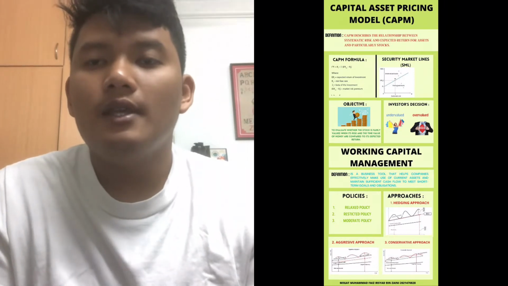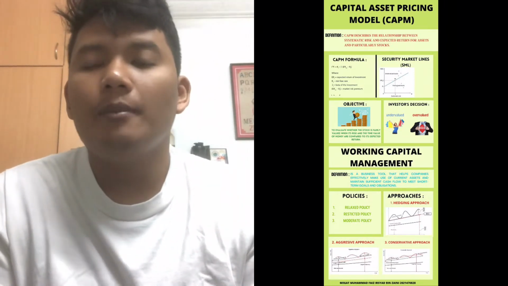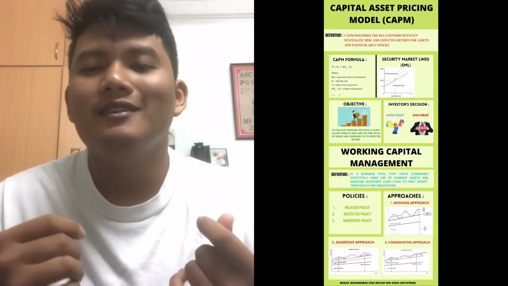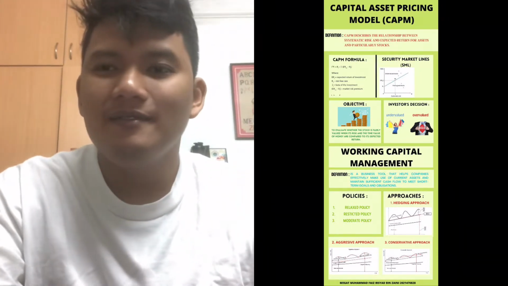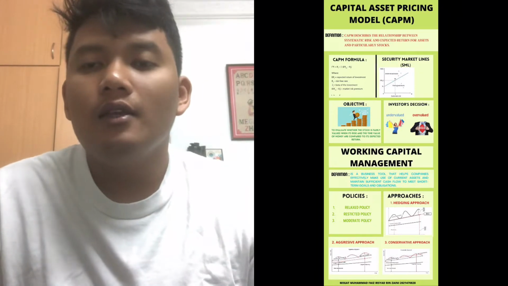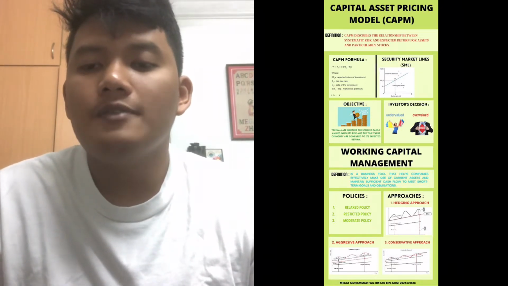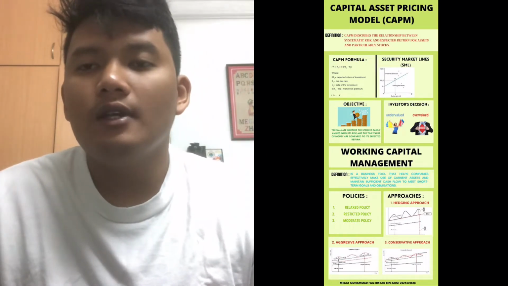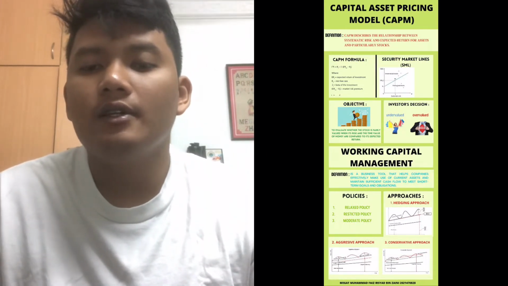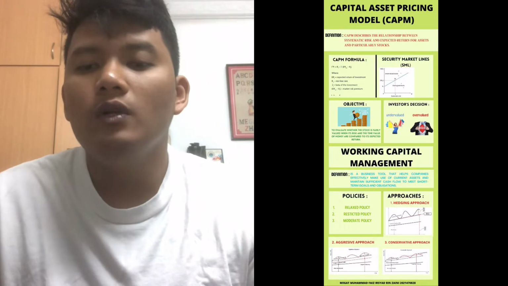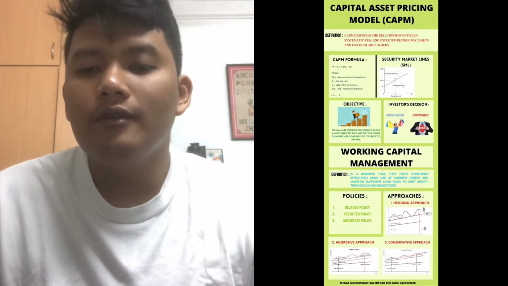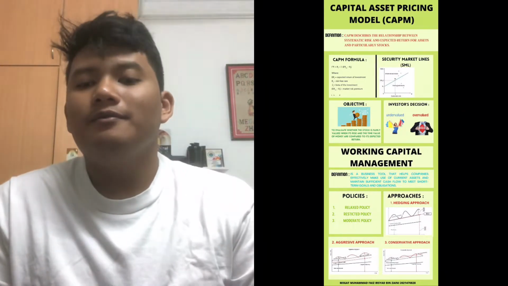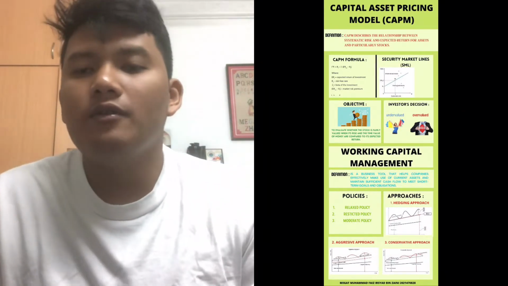Okay, next is the CAPM formula. The formula is for calculating the CAPM, or expected return of an asset given its risk. First, expected return equals the risk-free rate plus the beta of the investment times the market risk premium.